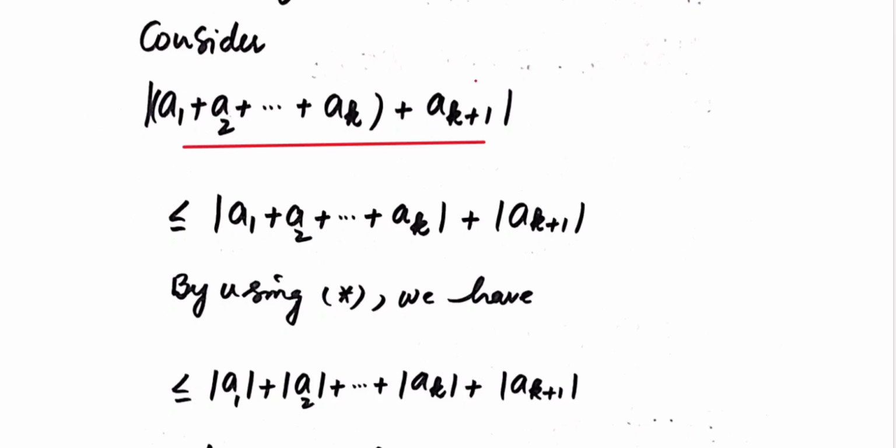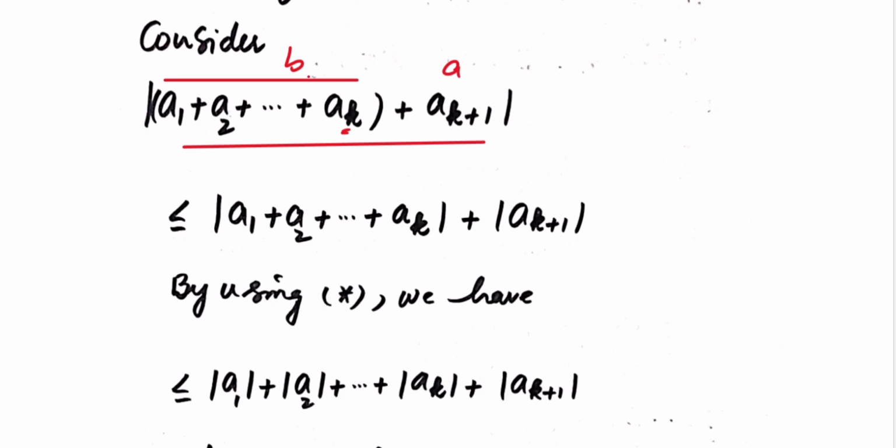I can consider the k + 1 values as the sum of the first k values, which is my first number. As you know, a1, a2, up to ak are all real numbers, so the sum of these k real numbers is also a real number. Suppose this is my b and this is my a.